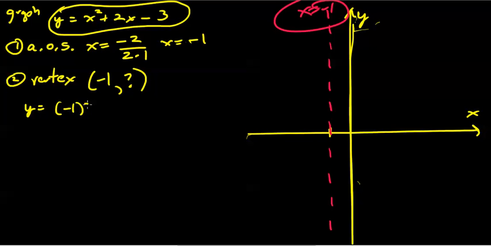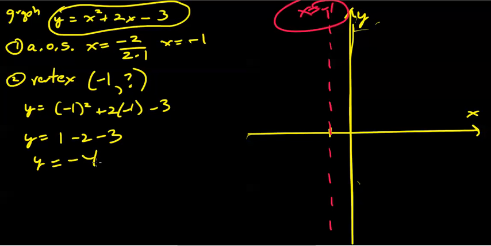So I'll sub in -1 for x in the parabola equation and solve for y. y equals -1 squared is 1, plus 2 times -1 is -2, and -3. So y equals 1 - 2 - 3, which is -4. So when x is -1 on this parabola, y has to be -4.